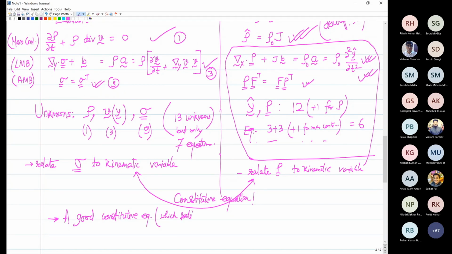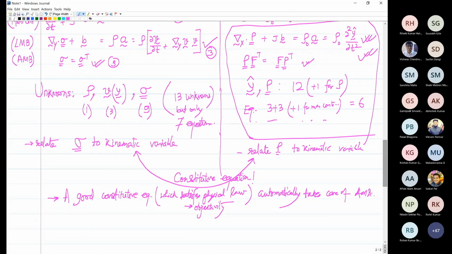Which satisfies physical law. Okay, and to be more precise, this is related to objectivity. We'll also learn later on. It automatically takes care of angular momentum balance. So once you supply a good constitutive relation, you don't really need to solve for angular momentum balance. So when you code it in computer, in Lagrangian form, all that you need to code is the linear momentum balance.